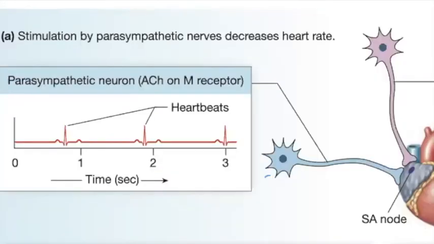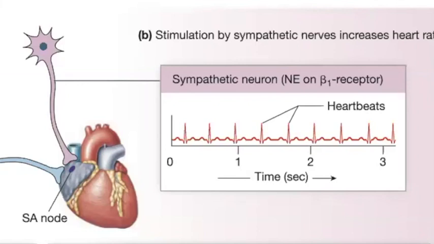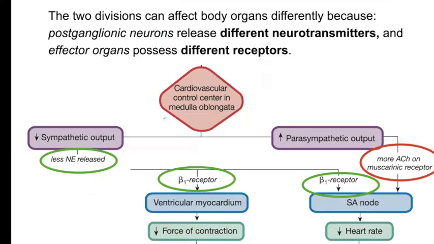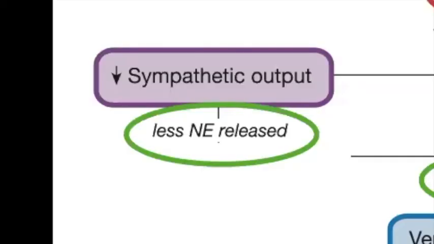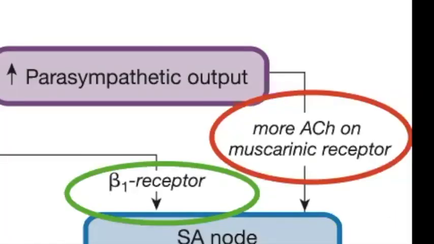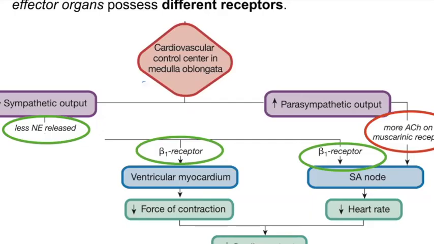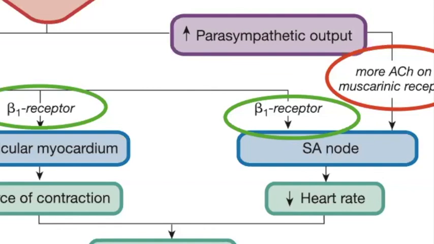But when this one talks to it, it slows down; when this one talks to it, it speeds up. So this has all to do with the particular neurotransmitters that each neuron is spilling out and which receptors are on those cells that are receiving those neurotransmitters.